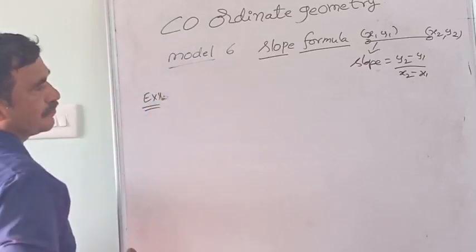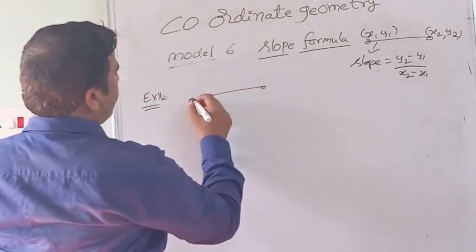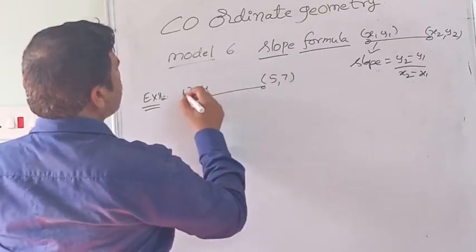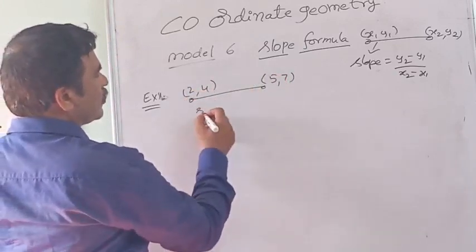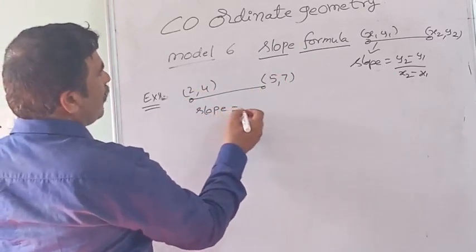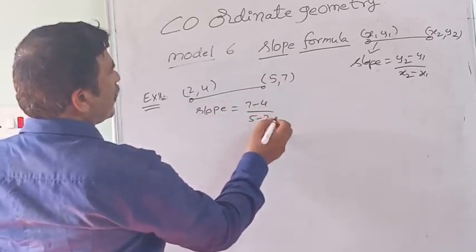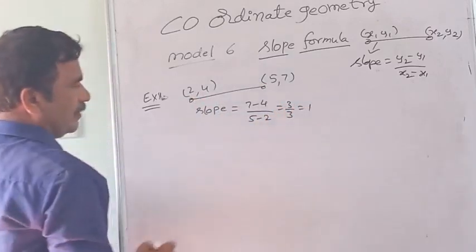Example 1, find slope. The points are 2, 4, 5, 7. Find slope. How to find? This is x1, y1. This is x2, y2. Therefore, slope is equal to 7 minus 4 by 5 minus 2, which is 3 by 3, that is 1.